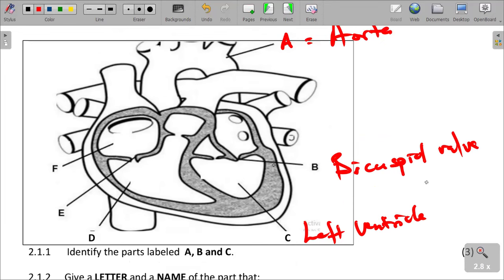And then B: prevent backflow of blood from the right ventricle into the right atrium.